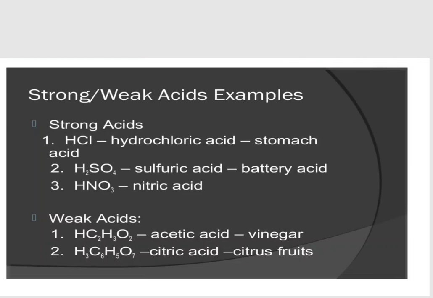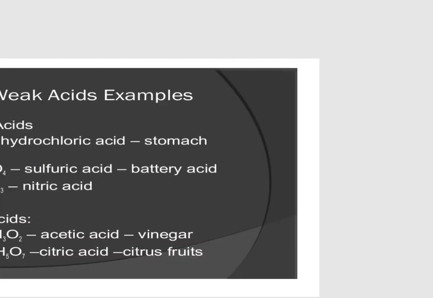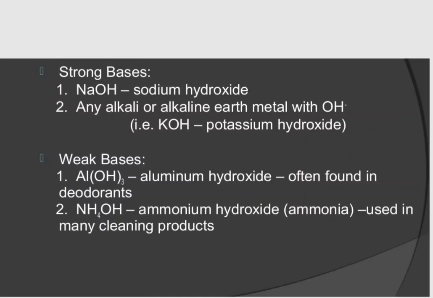Okay, this is the strong and weak acid example. First of all, strong acids: hydrochloric acid, which we can also call stomach acid; H2SO4, sulfuric acid, also called battery acid; and HNO3, nitric acid. Weak acids are acetic acid or vinegar, or citric acid in citrus foods like lemon, etc. Next, strong bases: NaOH, sodium hydroxide.